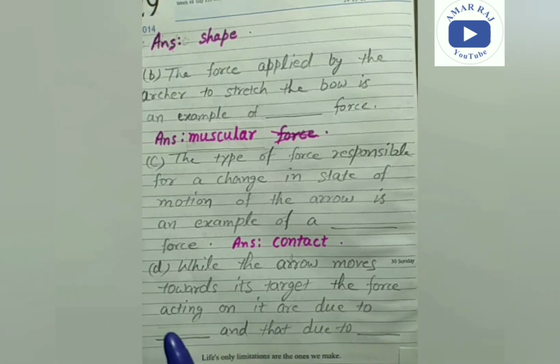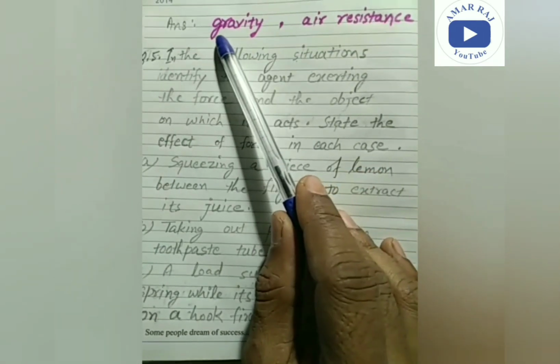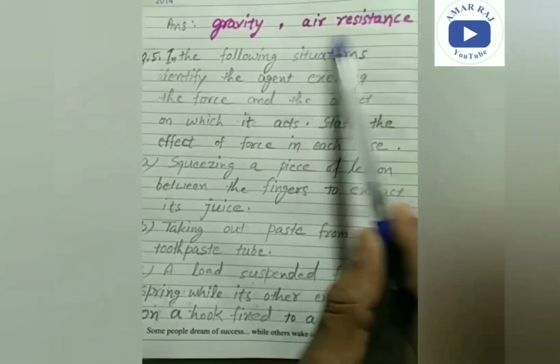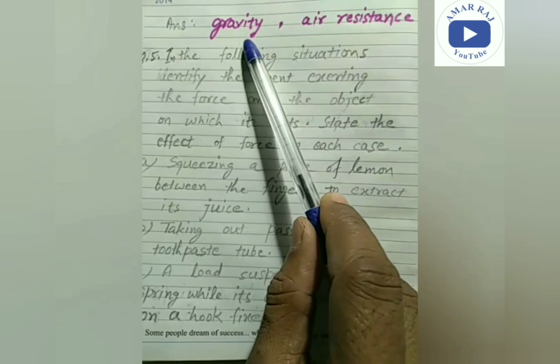The two agents or causes are, obviously, the first is gravitational force by the earth, and the second is due to air, which is also called air resistance or friction due to air. So you have to write gravity and air resistance.